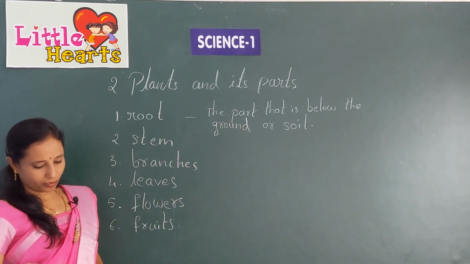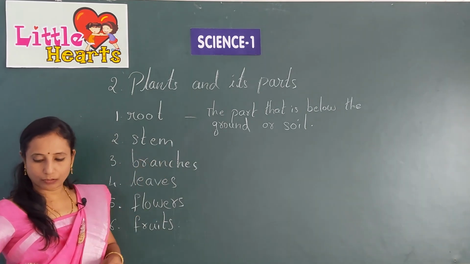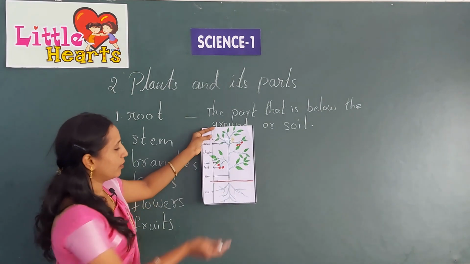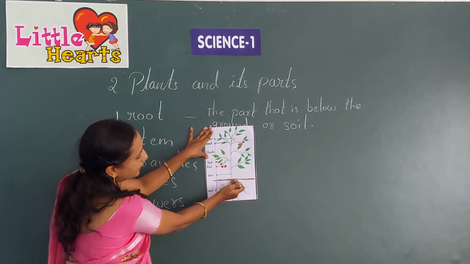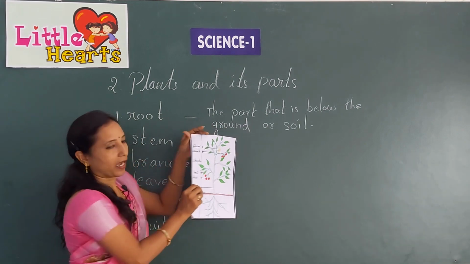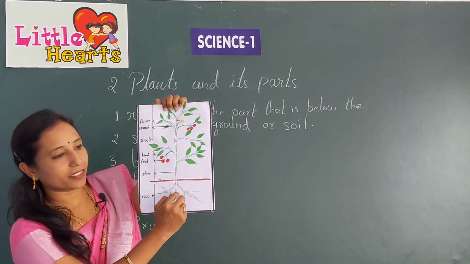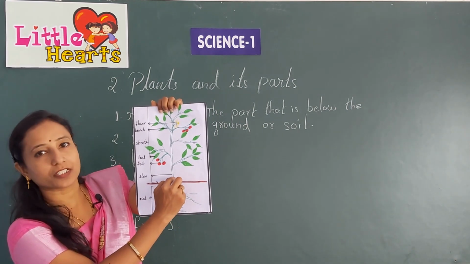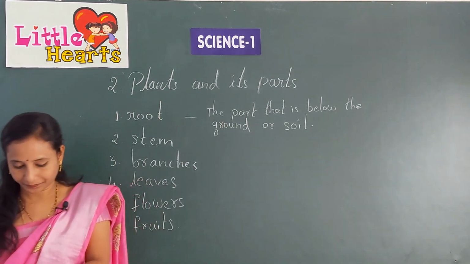Yes. So, next one comes the stem. We look at the picture again. We have learnt about the root part which is under the ground, and next comes the stem part. This is the stem. The stem is the continuation of the root here. So, what is a stem?